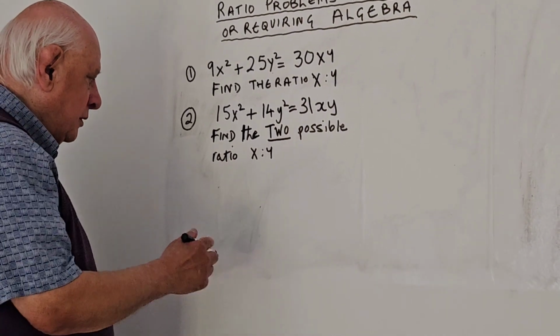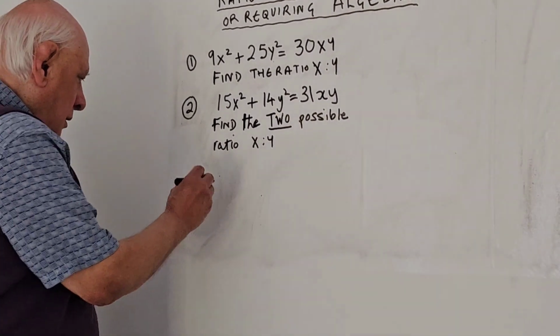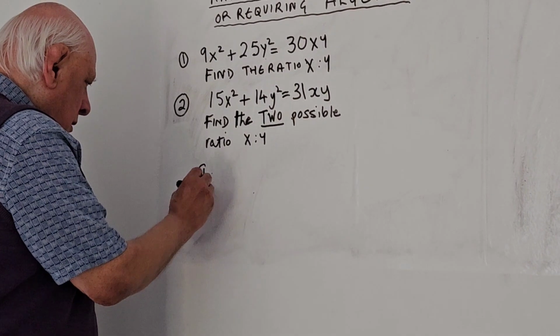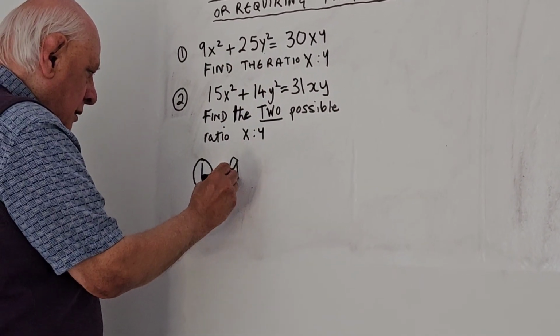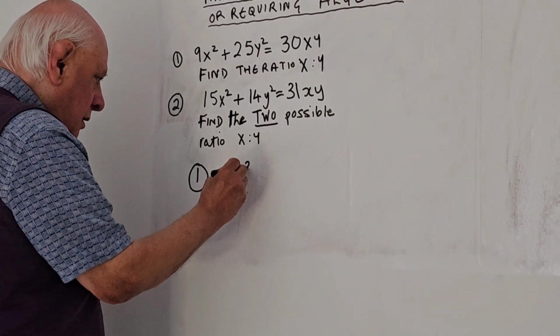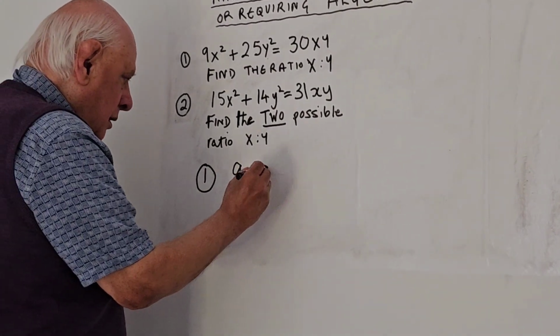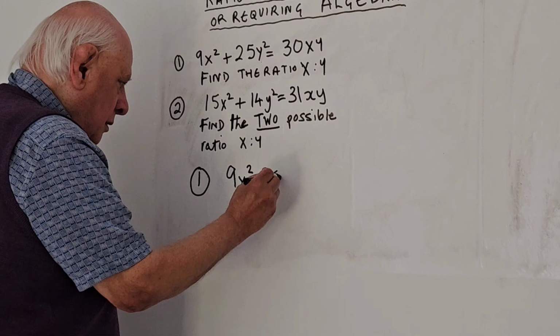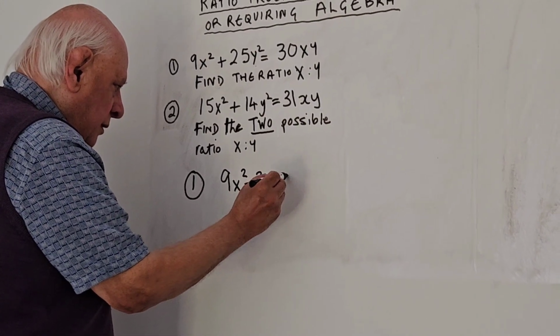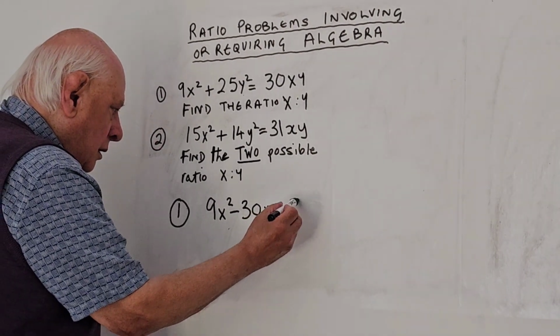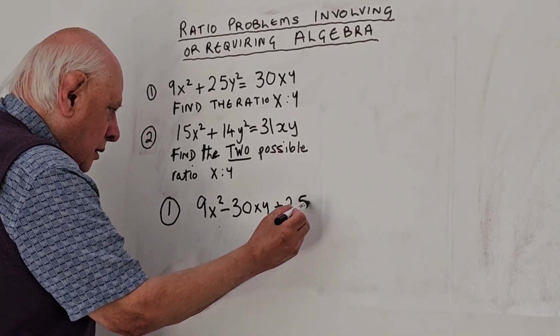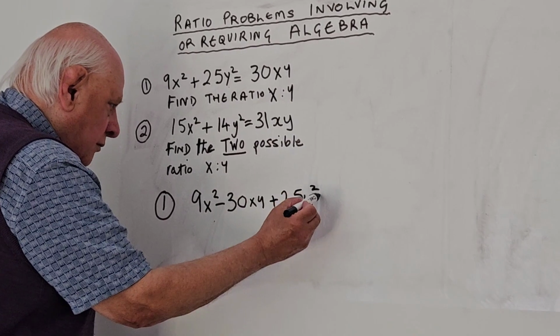Right, so what I'm going to do, first of all, is rearrange the equation in a form I hope a good many of you will recognize. And I'm going to factorize this.